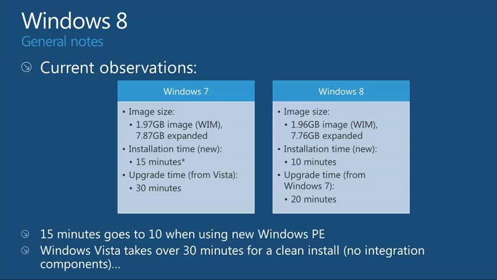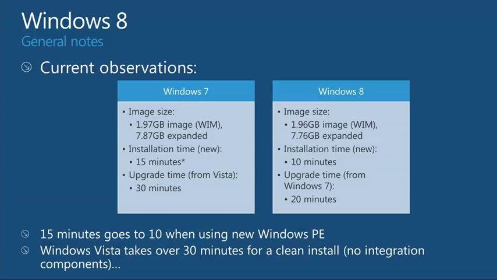So that was useful, and we thought that's a good improvement coming from Windows 8. But then we actually tried to deploy Windows 7 using the Windows 8 deployment tools, the Assessment and Deployment Kit, the new ADK that contains all of the deployment tools for Windows 8, which fully supports deploying Windows 7 as well.